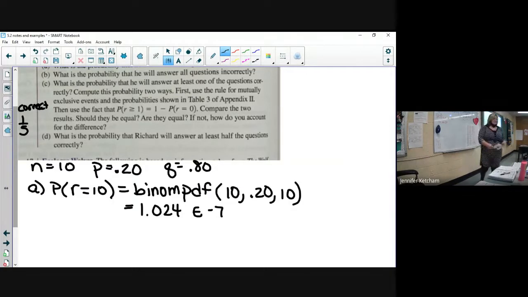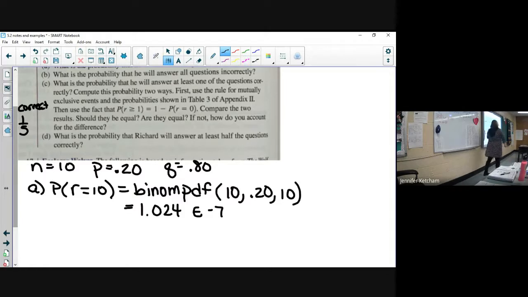We talked about these guys. What does that mean? What does that e to the negative 7 mean? Exactly, right? Like scientific notation, and that means move my decimal 7 places that way.